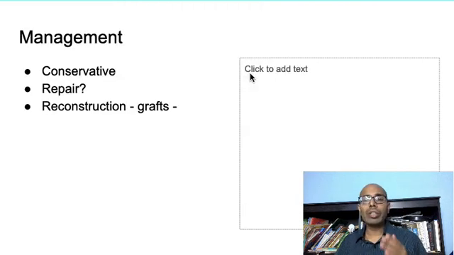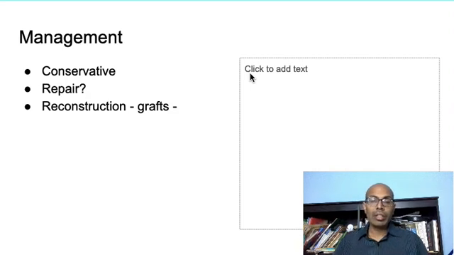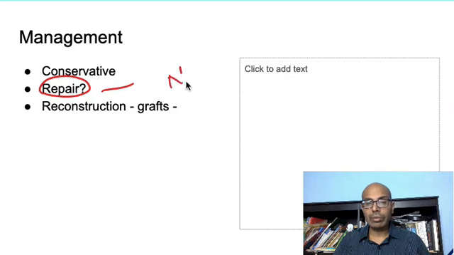ACL injuries in older age, 50, 55 and 60 and above, can be managed conservatively. These patients who are not very active athletically can manage their life without ACL reconstruction. And do you repair these ACLs? As I've already said, no repair, because there is no role for repair.